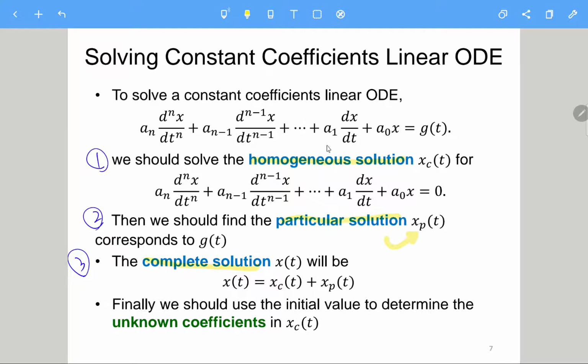However, if there are some initial values, then we can limit the complete solution to maybe only one or a smaller set of complete solutions. For some of the problems we don't really need to do this. But this is not so difficult. We just need to put in the initial values and then solve for the undetermined coefficients.